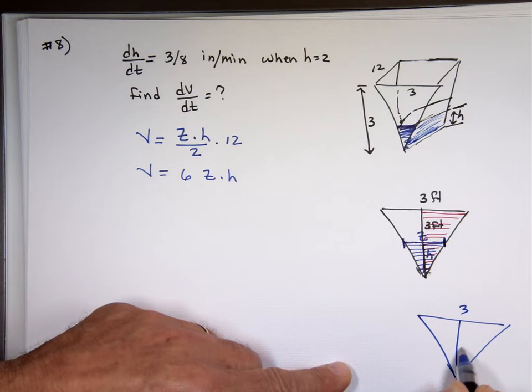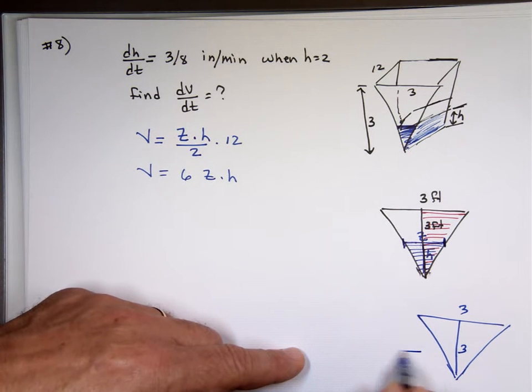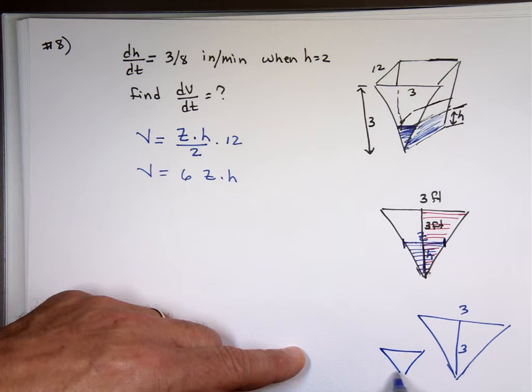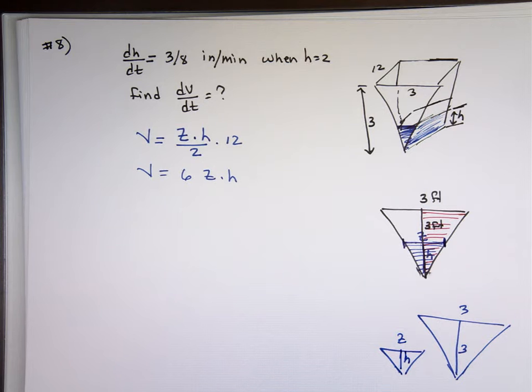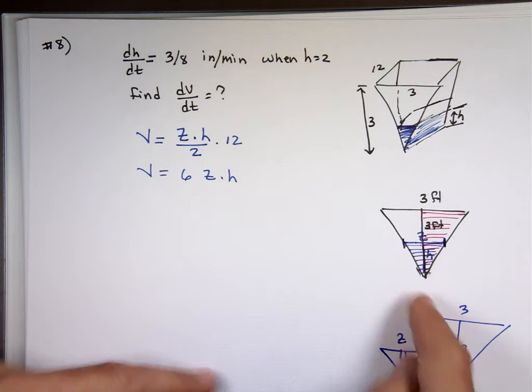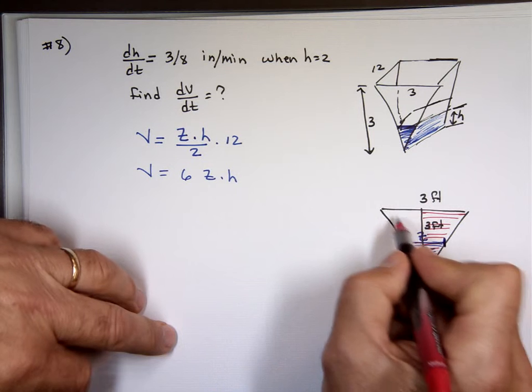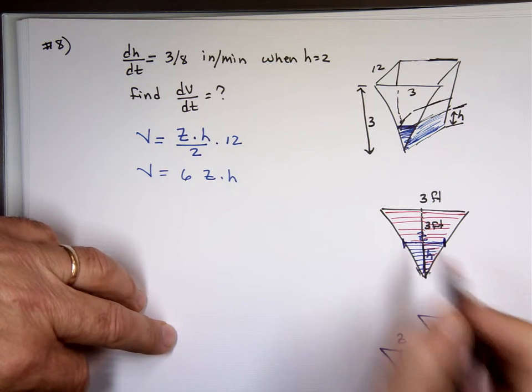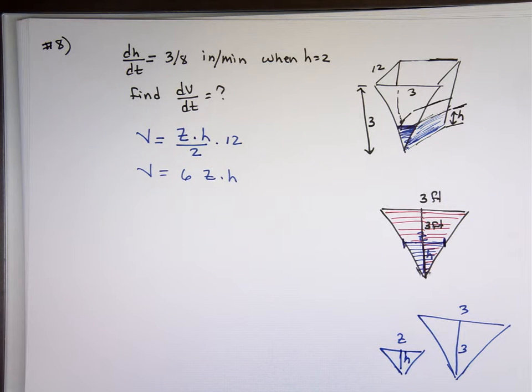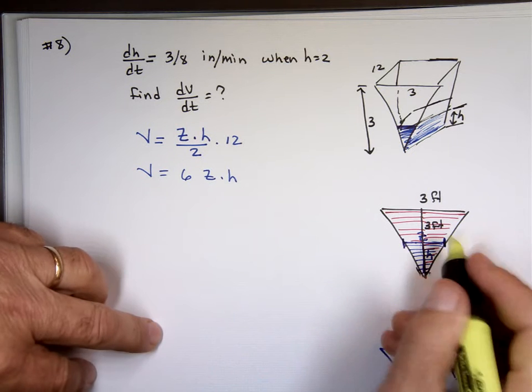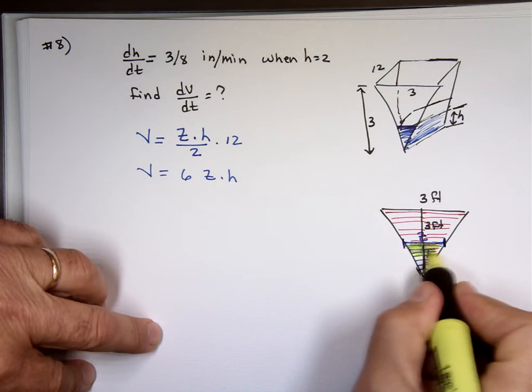And the little one, the water inside that, that's H by Z. The red one is the whole thing, the big one. And the little one, which is the water, I'll color in yellow. Can you see the yellow on the screen?